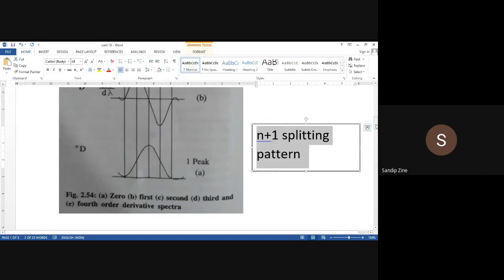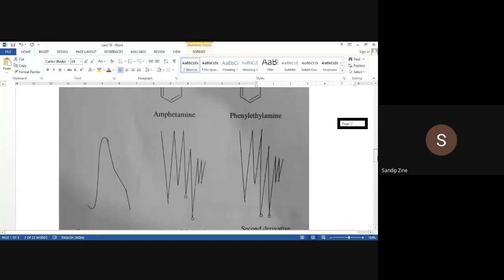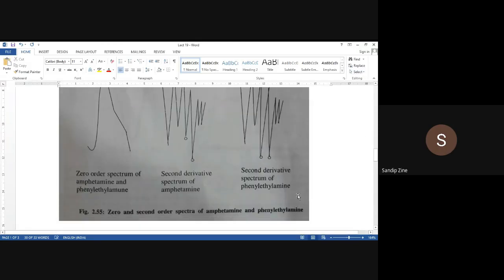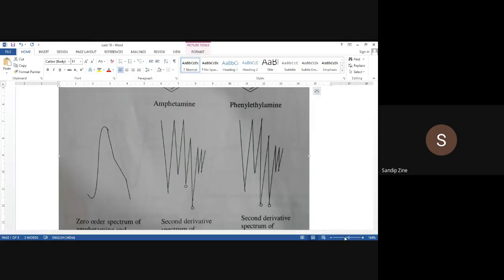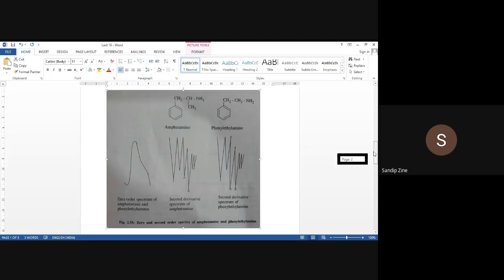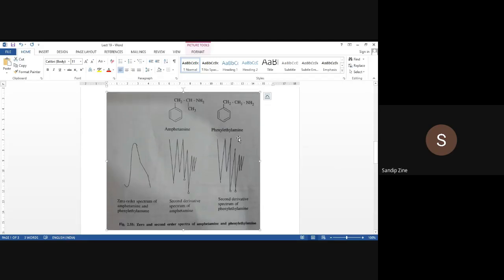These are two different drugs. If you see the structure of these two drugs, one image you will see over here. Let me reduce the size of this image. Amphetamine and phenylethylamine, these are the two drugs. Amphetamine has CH2, CH3, NH2, and phenylethylamine has CH2, CH2, NH2.